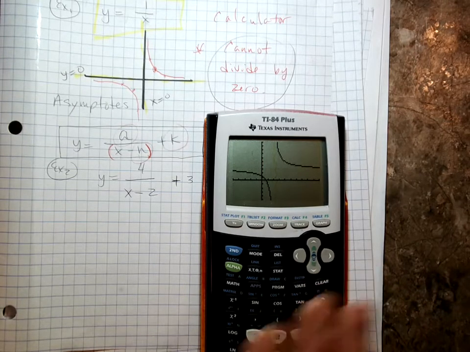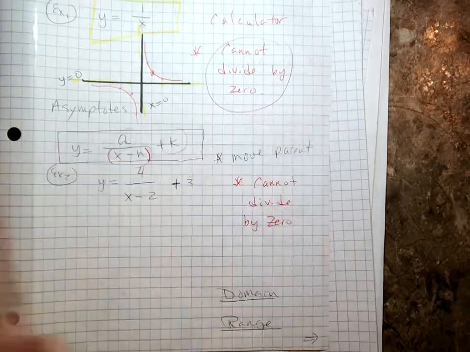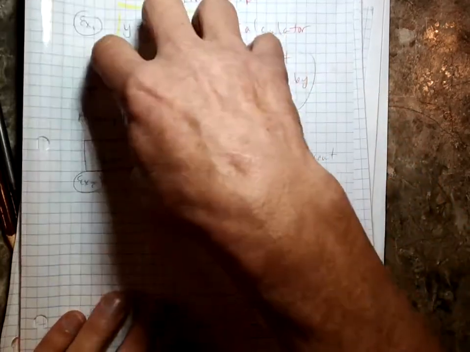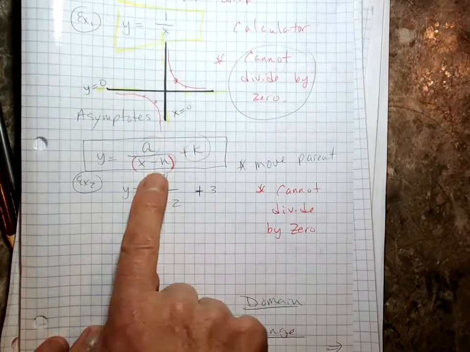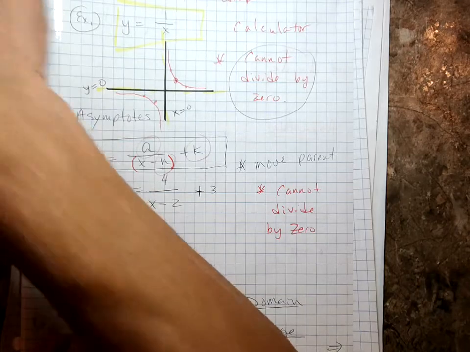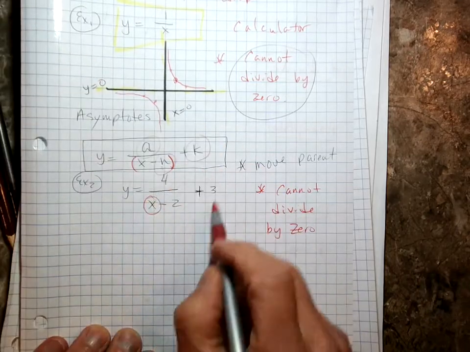So then, what happens is we can graph this. So what we're going to do is take our parent function right here, and we're going to move it. We're going to move it to 2. Remember, it's the opposite. And 3.